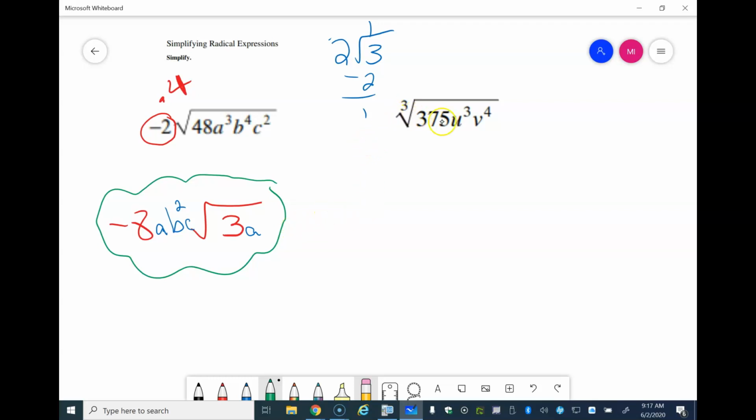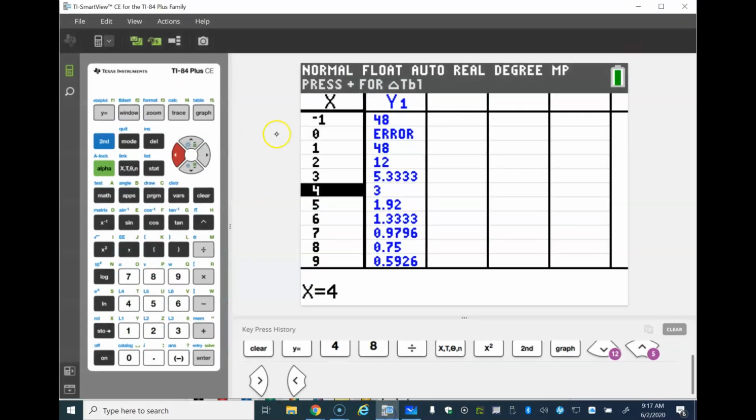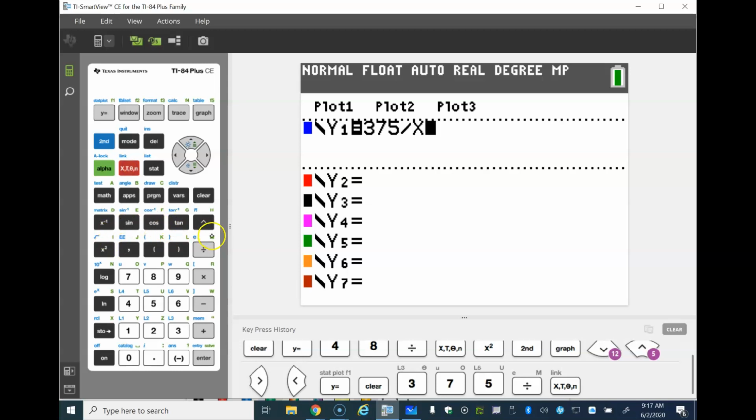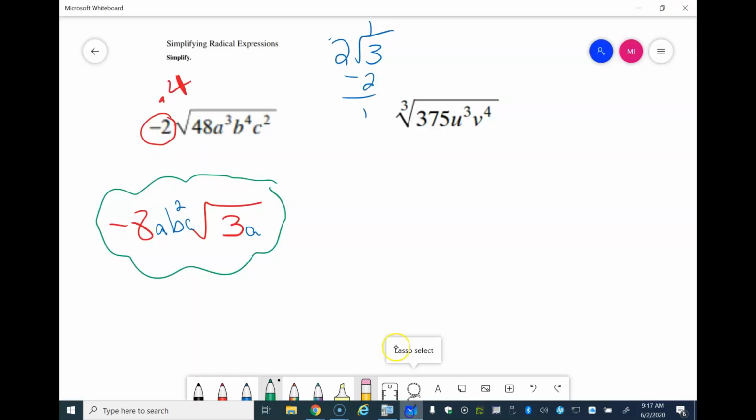Coming over to here, again, we're going to do the calculator technique to figure out what the root is for 375. So I'm going to do 375 and then divide it by x, and this time I'm going to raise it to the third power because I got the 3 from here as the index.